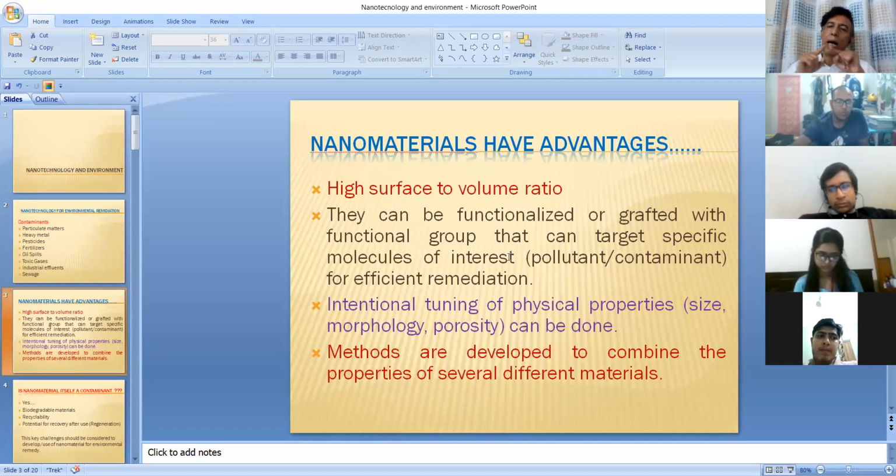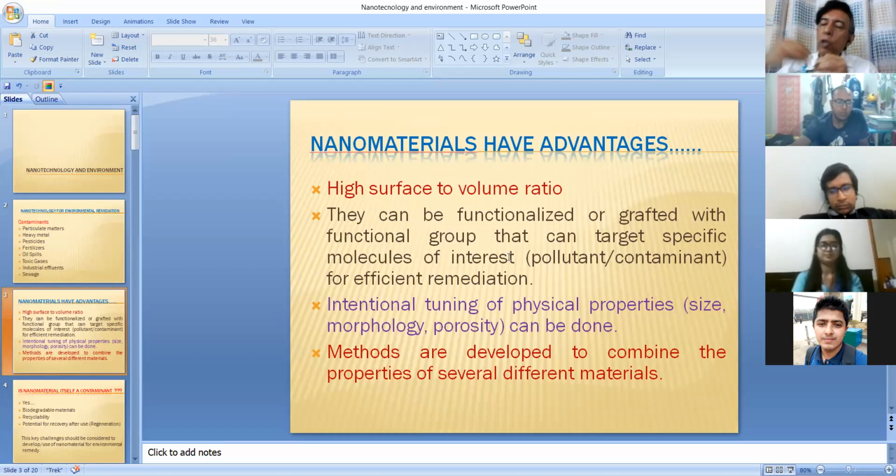So I am targeting a specific thing. There may be other heavy metals also, there may be zinc also, but we are specifically targeting copper. How? By grafting an NH2 group to the iron nanomaterial.